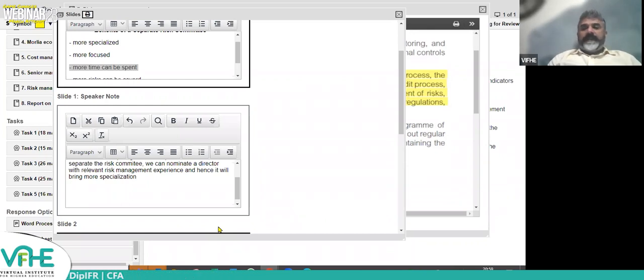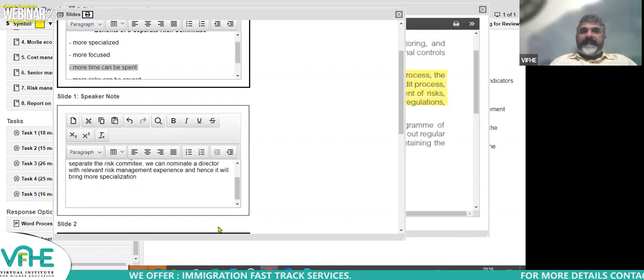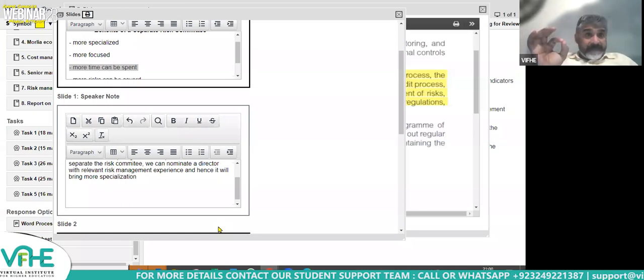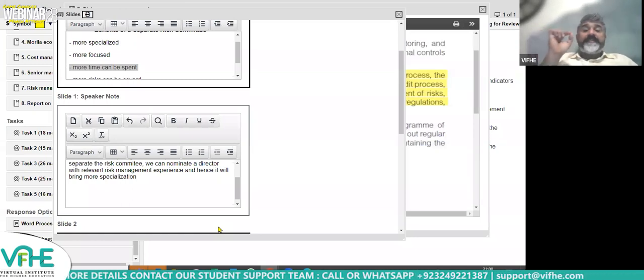All right. So I can see that some students are struggling with defining the problem statement or the current statement. I would say that right now the audit and risk committee have a lot of tasks to do. Hence, they might not be able to give sufficient time.